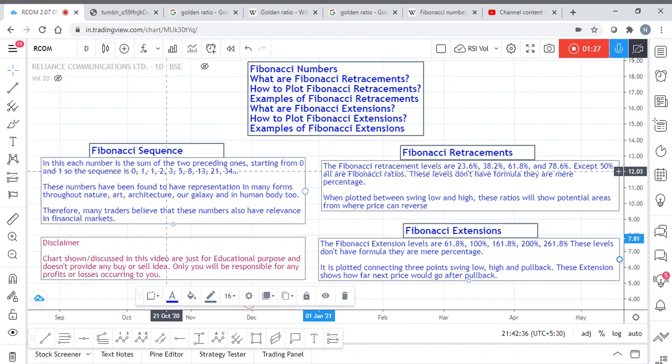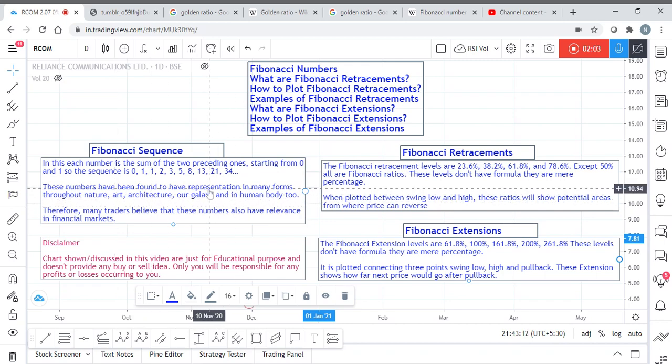There are a lot of formulas and a lot of stuff that are created from this Fibonacci sequence. It is also believed, and there are some proofs as well, that the many forms created from the Fibonacci sequence are present across the universe, in nature, in the human body, and are also used to design arts and architecture.